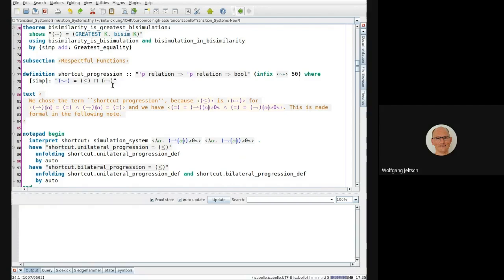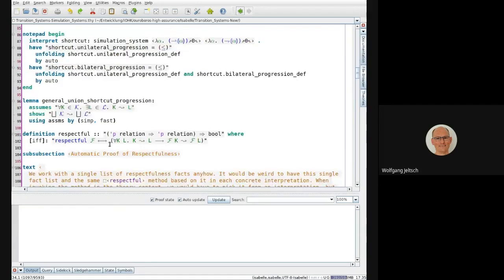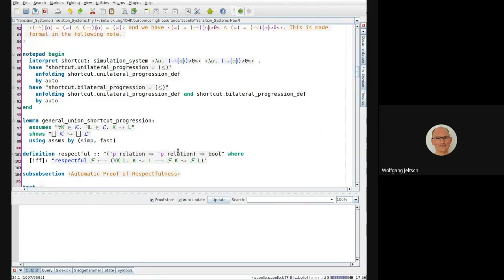This notion of shortcut progression is bilateral progression plus the bilateral progression for 0 steps, which is the same as inclusion. Respectfulness is just a preservation law. So f is respectful if and only if for all k and l, which are relations, we have the following property: if k shortcut progresses to l, then f k shortcut progresses to f of l.